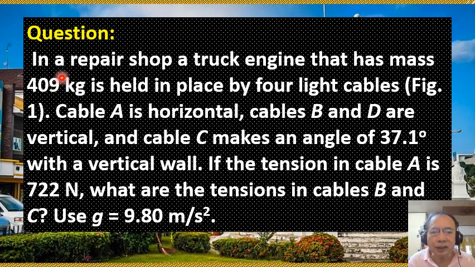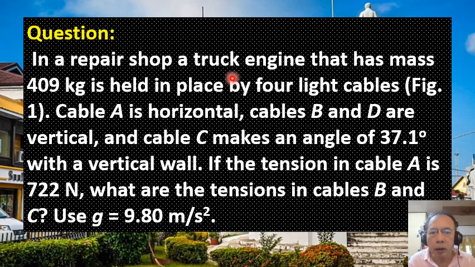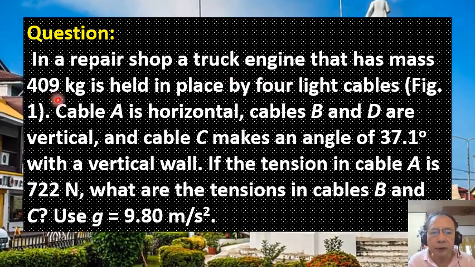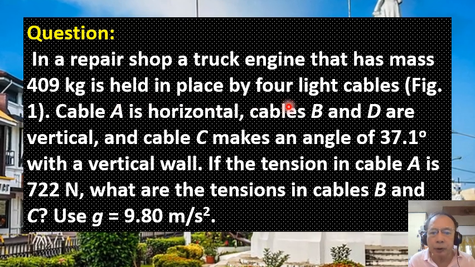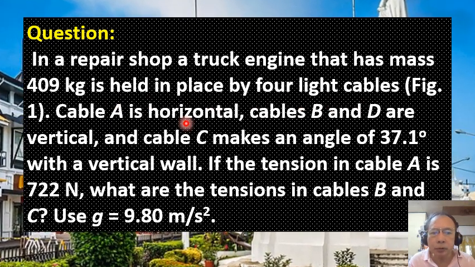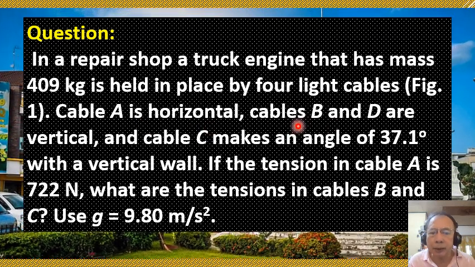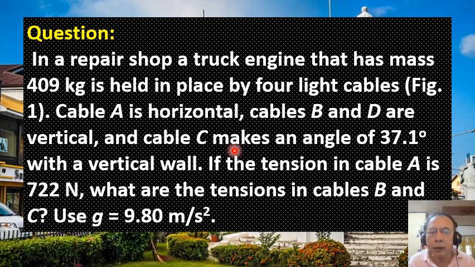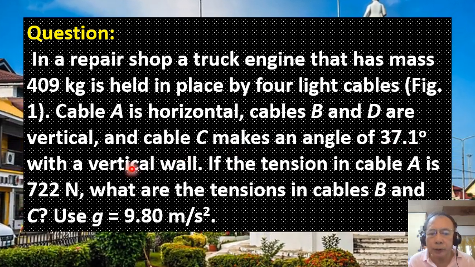The question is, in a repair shop, a truck engine that has mass equal to 409 kilograms is held in place by four light cables. Cable A is horizontal, cables B and D are vertical, and cable C makes an angle of 37.1 degrees with a vertical wall.